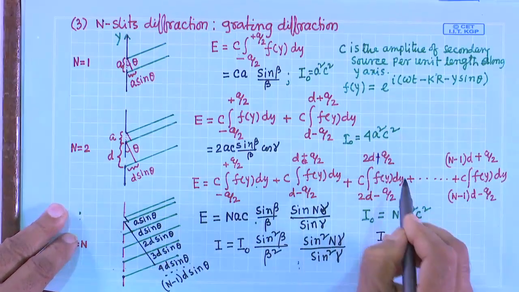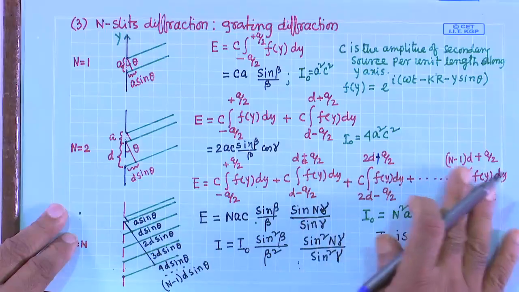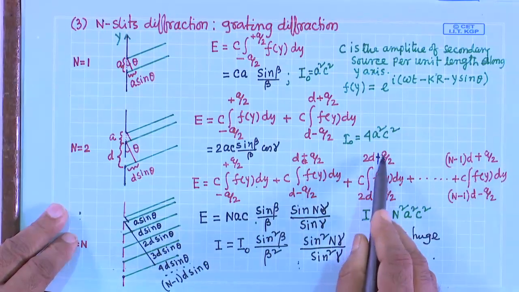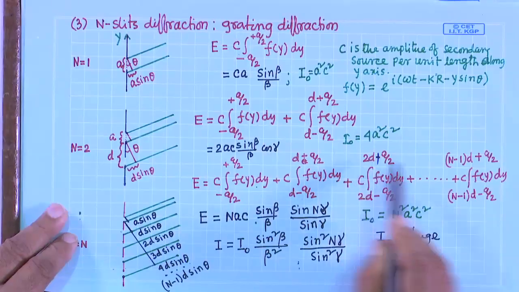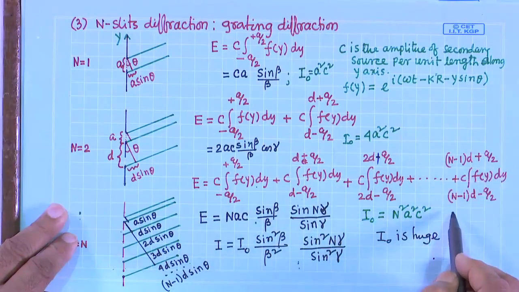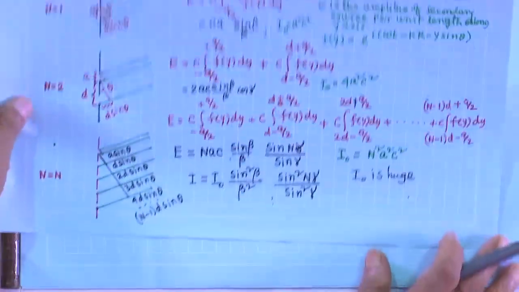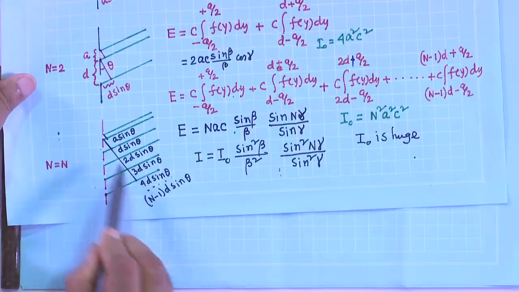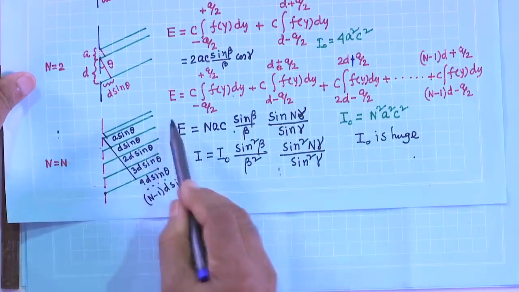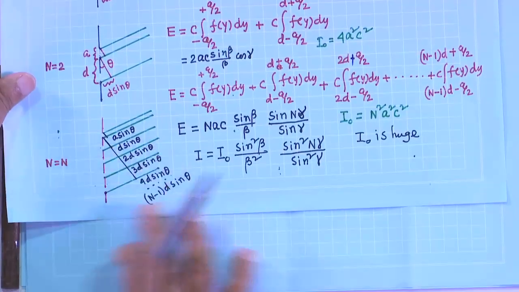So for the nth slit, it will be n minus 1 d plus a by 2, n minus 1 d minus a by 2. These are basically introducing the path difference with the light coming from different slits.